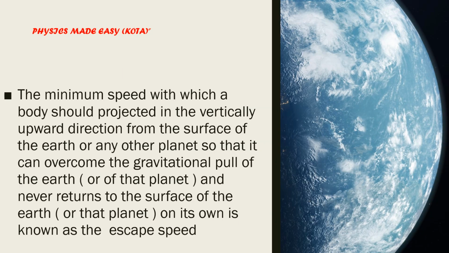In other words, the minimum speed with which a body should be projected in the vertically upward direction from the surface of Earth or any other planet, so that it can overcome the gravitational pull of the Earth or of that planet and never returns to the surface on its own, is known as escape speed. Now we are going to understand the expression for escape speed.